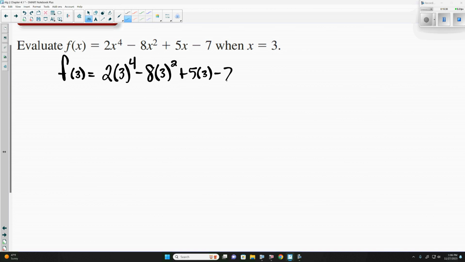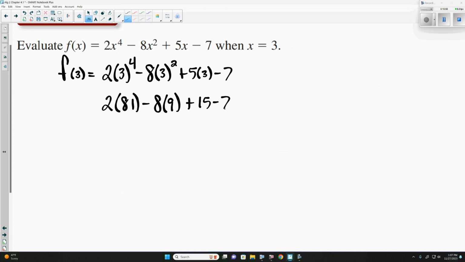At this point here, we could type that whole thing into the calculator. Because if we type the whole thing in, we'll get the answer. If we wanted to do this by hand and simplify it, 3 to the fourth is 81. 3 squared is 9. 5 times 3 is 15.